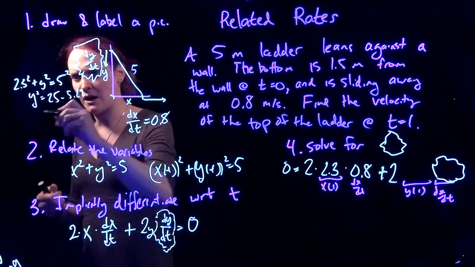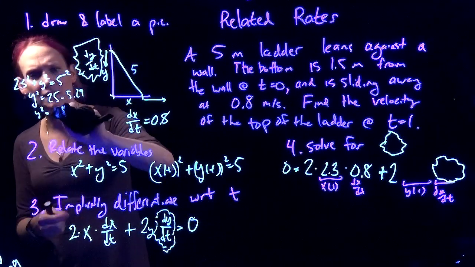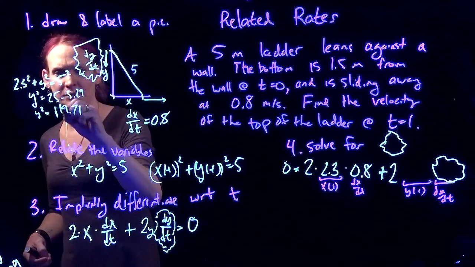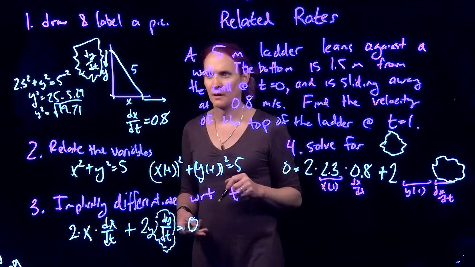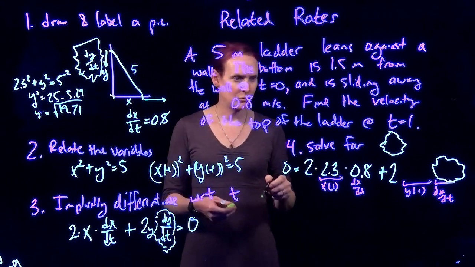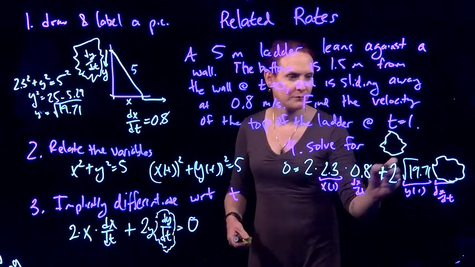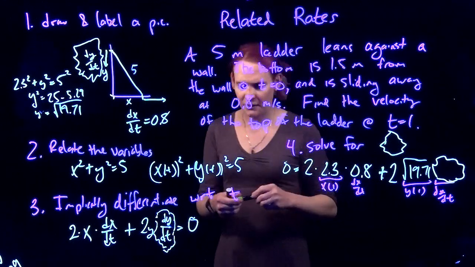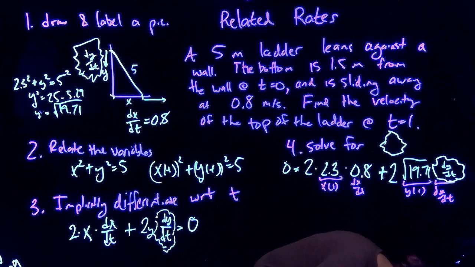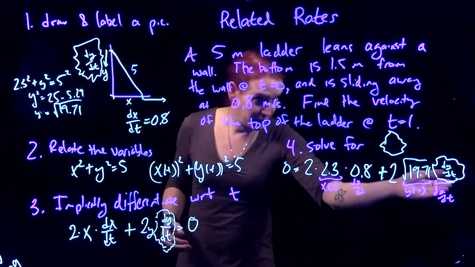Which means that y squared is equal to 19.71, with a square root. Oh, that's what y is. So y is the square root of 19.71, and the unknown that I want is the quantity dy dt. Okay, and that's our objective. We're going to solve for it.